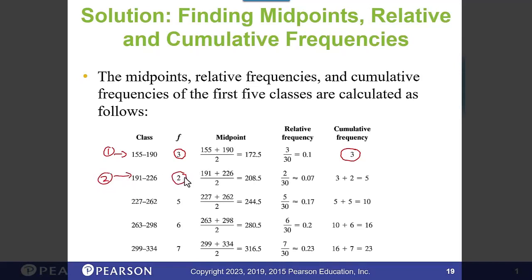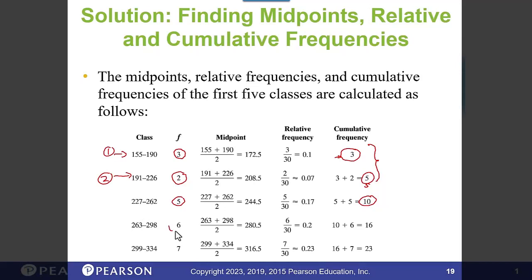What you do is take that 2, add it to the 3 you have here, and you get the cumulative frequency. The cumulative frequency is how many you have up to that point in the table. For the next cumulative frequency, here's a frequency we're going to add to the 5, and there's our cumulative frequency for class number 3.